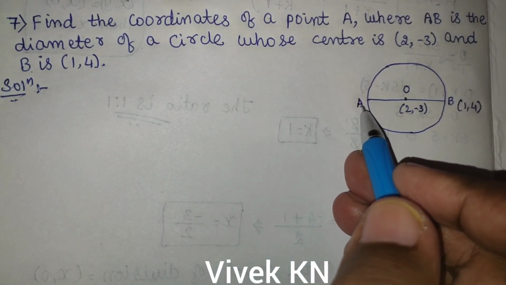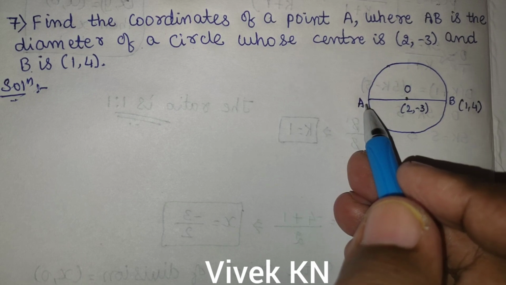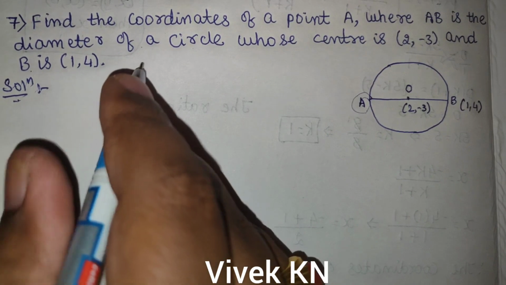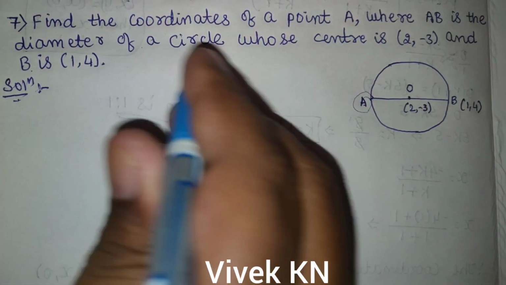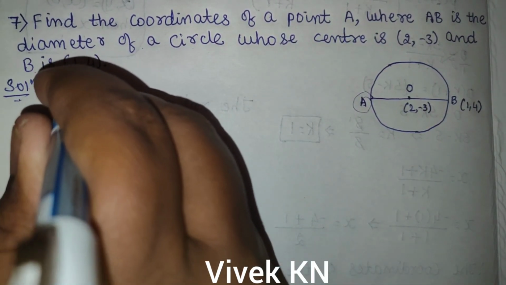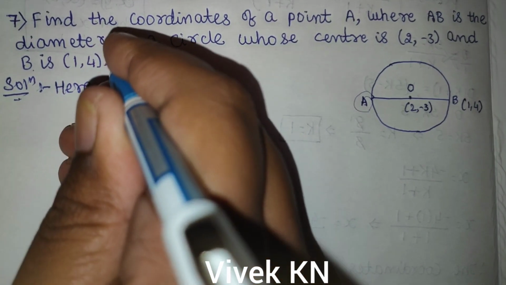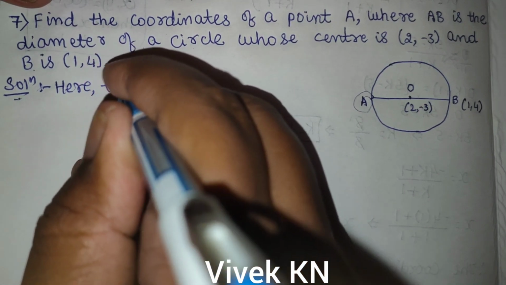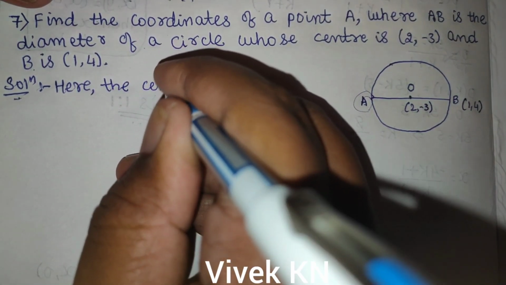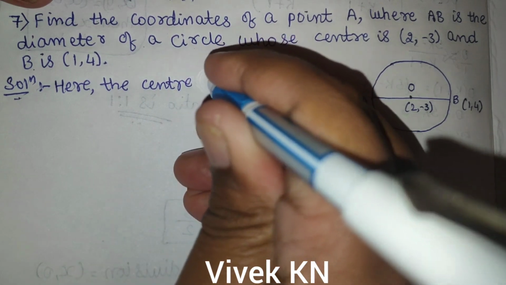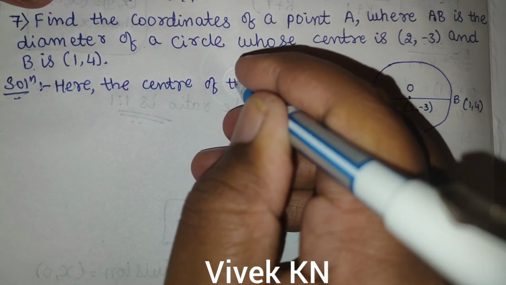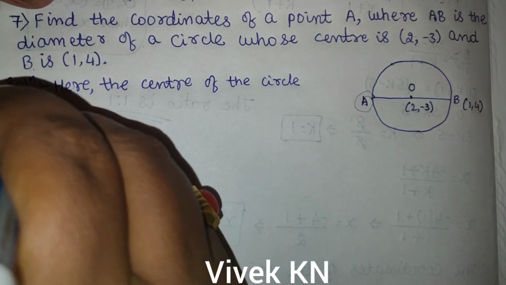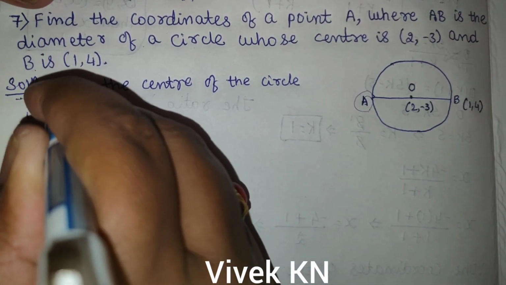Here we have to use the midpoint formula to find out the coordinates of the point A. Here the center of the circle is the midpoint of the diameter.